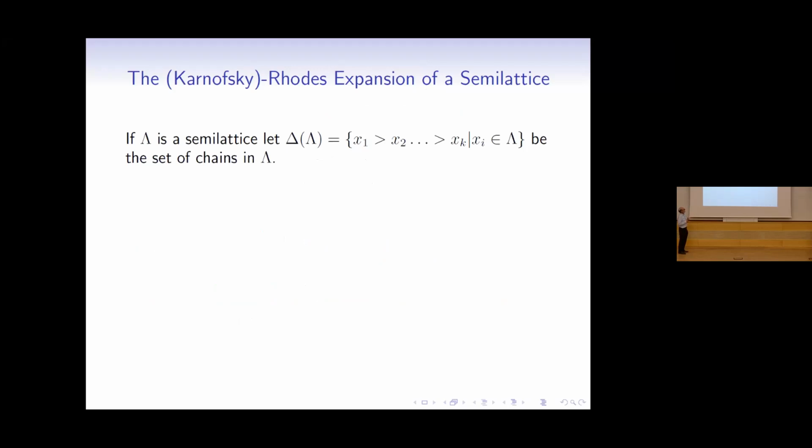Okay, and the last example is sort of a universal example. I'm going to look at a semilattice. A semilattice here will be a meet semilattice, and so every pair of elements in the poset has a greatest lower bound. That gives me a product: x times y is the GLB of x and y.